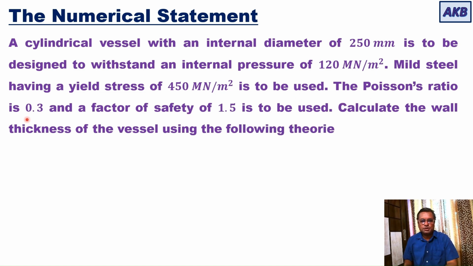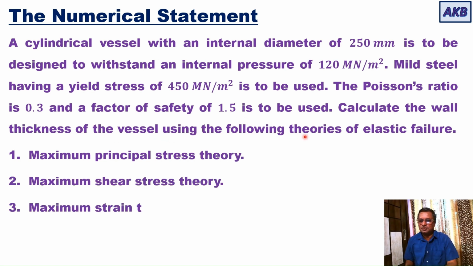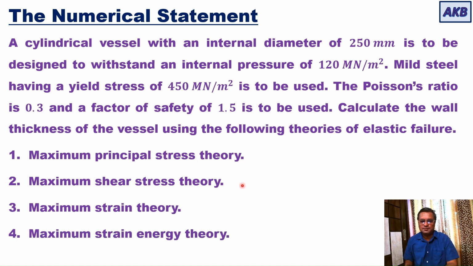The Poisson's ratio is 0.3 and a factor of safety of 1.5 is to be used. Calculate the wall thickness of the vessel using the following theories of elastic failure: maximum principal stress theory, maximum shear stress theory, maximum strain theory, and then maximum strain energy theory.